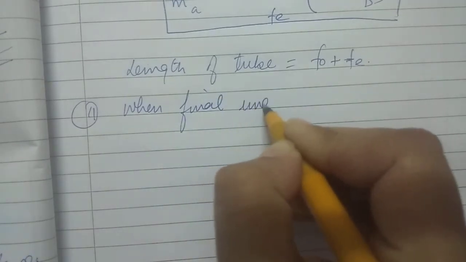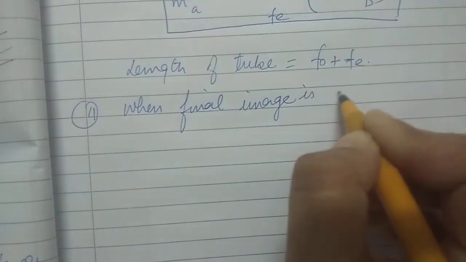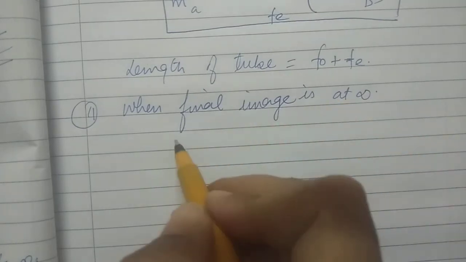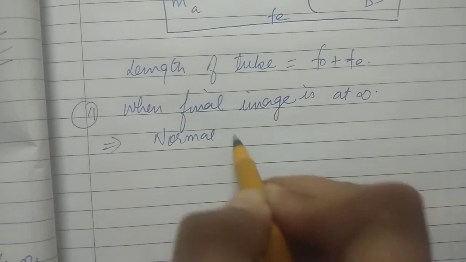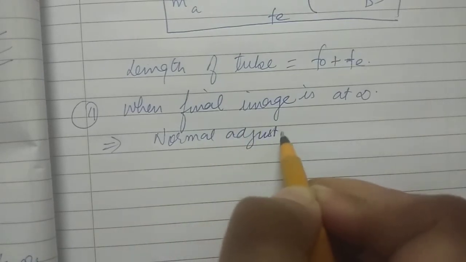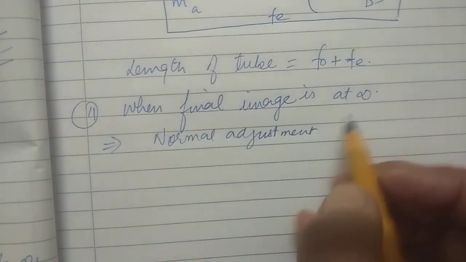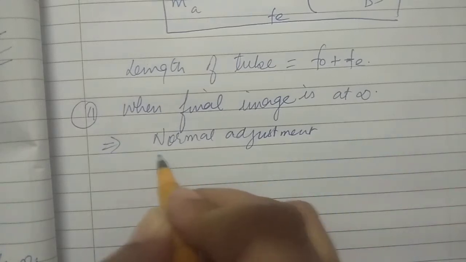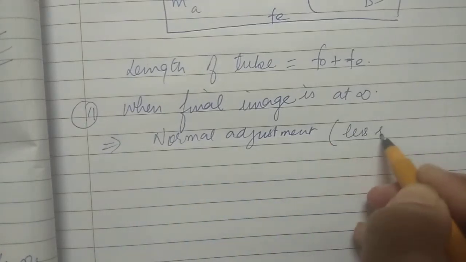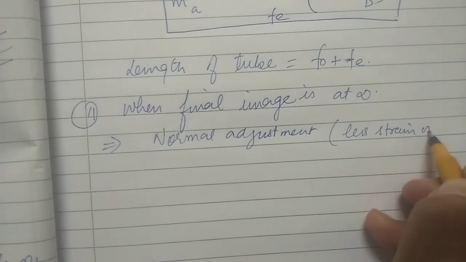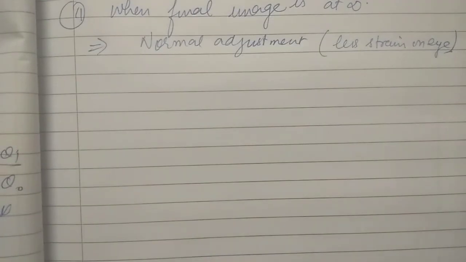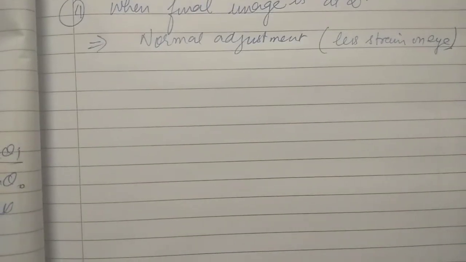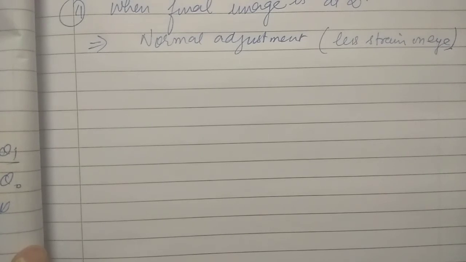Generally this adjustment is always preferred because here we get less strain on the eye. So if the image formed by the objective is at the focus of the second lens also, then the final image would be at infinity.